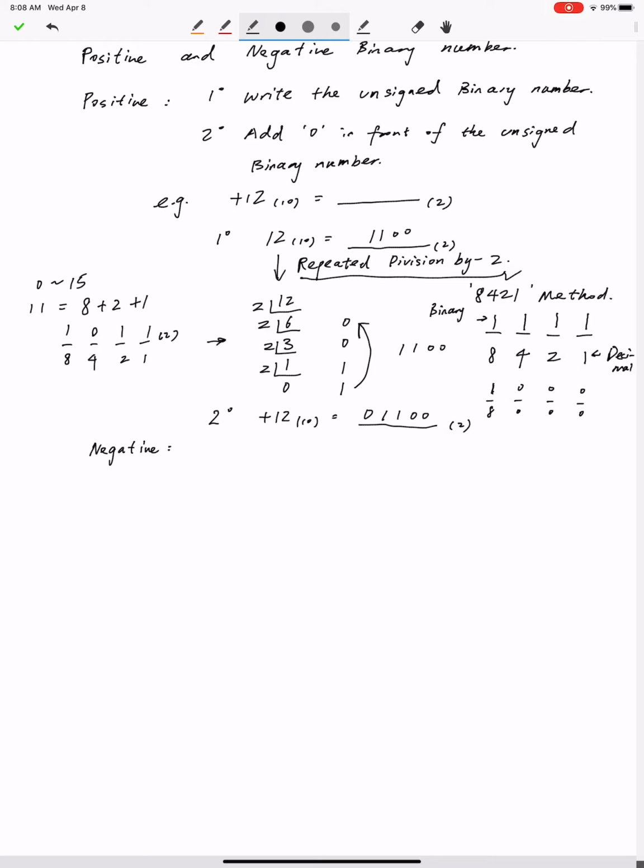We also have a few steps to follow. The first step is you write the positive number, right? The second step is we flip bits of the positive number, right?